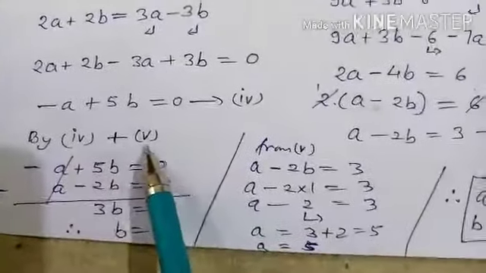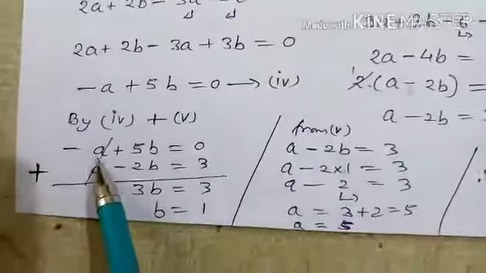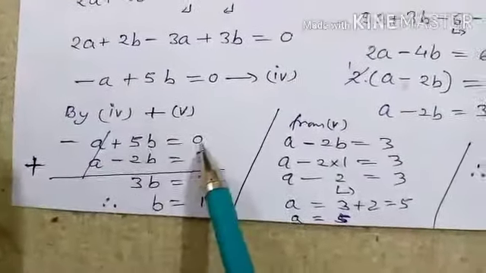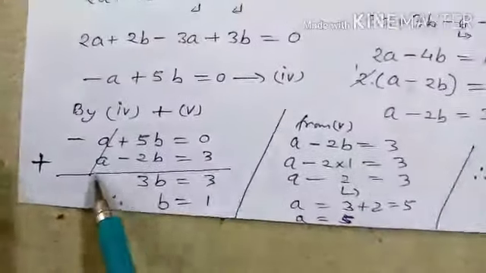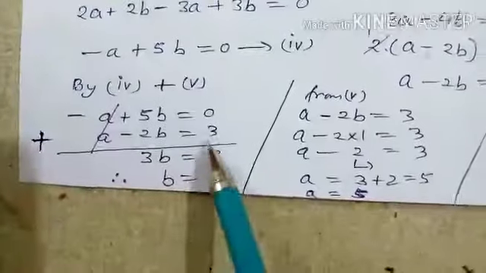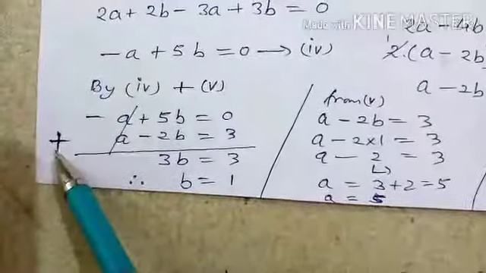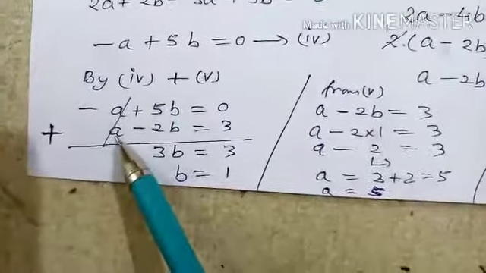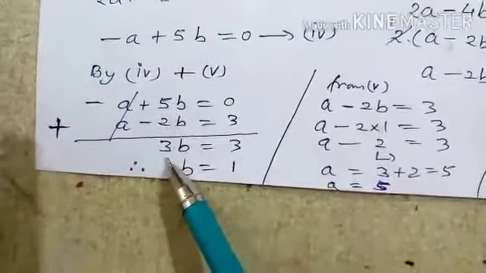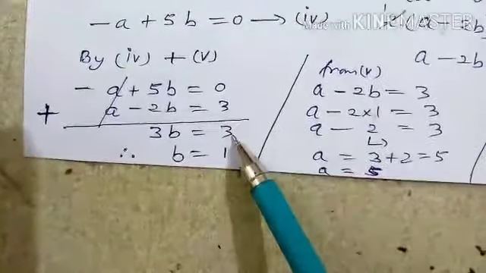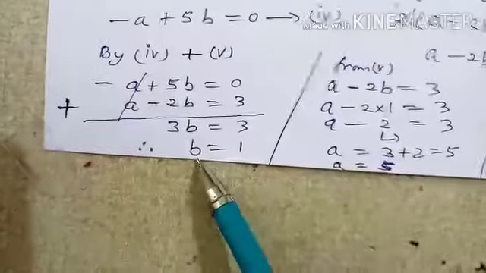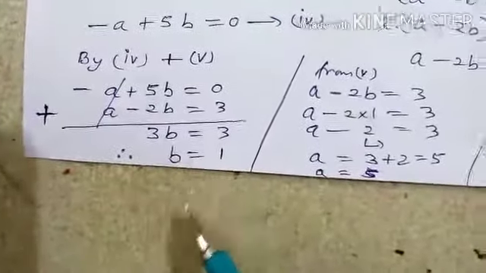First write equation number 4, minus a plus 5b equal to 0, and after that the fifth one, a minus 2b equal to 3. On addition, plus a and minus a cancel out, 5b minus 2b is 3b, and that side 0 plus 3 is 3. So 3b is equal to 3, then b is equal to 1, as 3 and 3 cancel out.